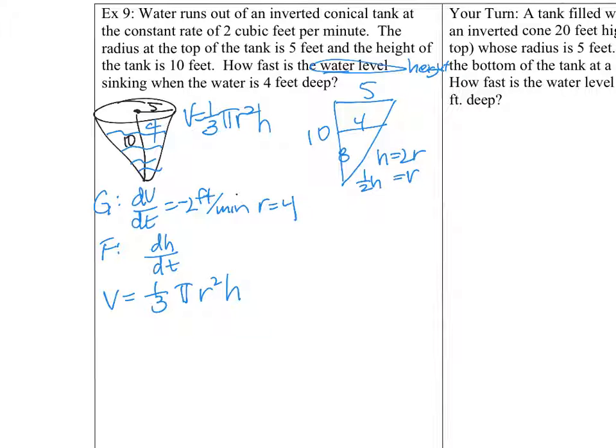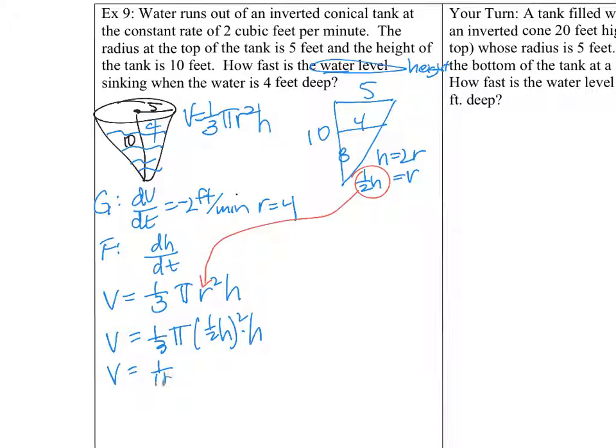I can eliminate the r by subbing in this relationship. If I replace r with 1/2 h, I'd be down to one variable, which is nice. So volume equals 1/3 pi (1/2 h) squared times h, which simplifies to 1/12 pi h cubed.